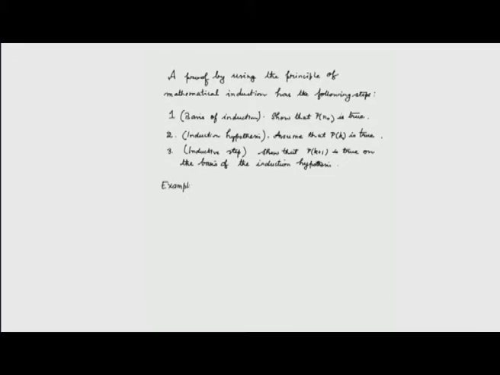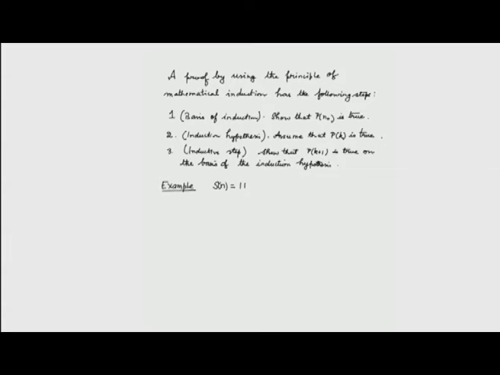Now, let us look at one example. Now, we are considering the sum of the first n positive integers. Let us write S(n) equal to 1 plus 2 plus 3 and so on up to n.